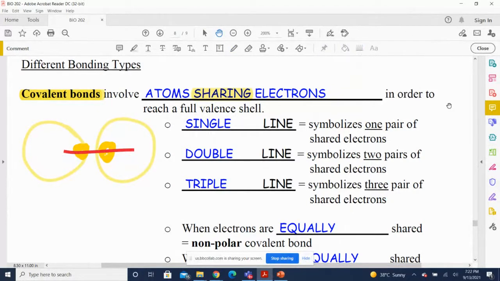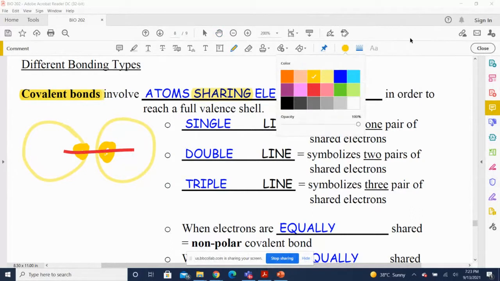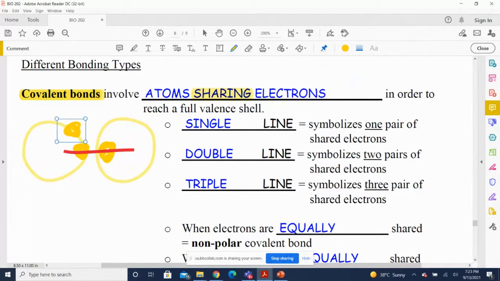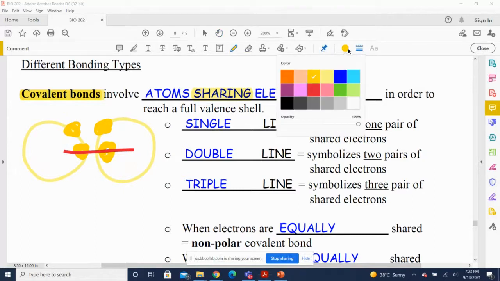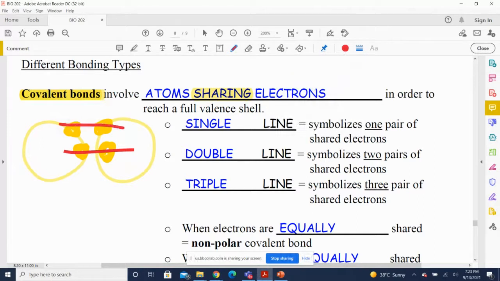If these atoms end up actually sharing two pairs of electrons, so in total 4 electrons shared, now in chemical shorthand, we symbolize that with a double line. And we can even end up having a triple line where in total 6 electrons, so 3 pairs of electrons, are being shared. So when you're reading those chemical shorthands, you can make sense of what's happening there.